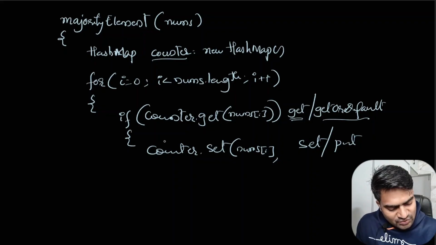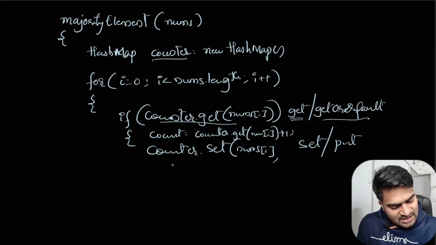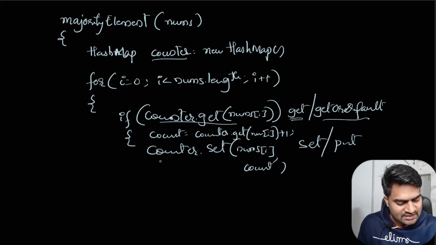Before that, I will take a count variable and use counter.get of nums[i], then plus 1. I'll write it on the next line. So this will set our counter with that particular number.